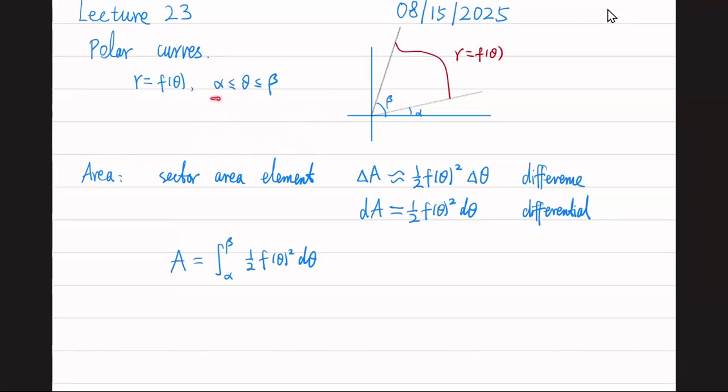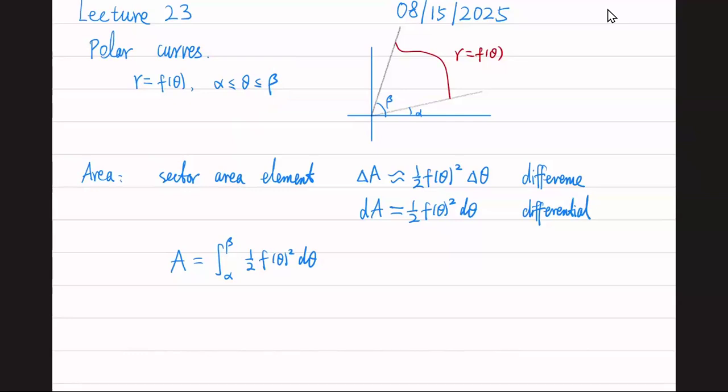So this is alpha. In the Greek letters, how do you write alpha? So this is the beta. How do you write beta? Okay, you don't. I want to distinguish the two parameters.